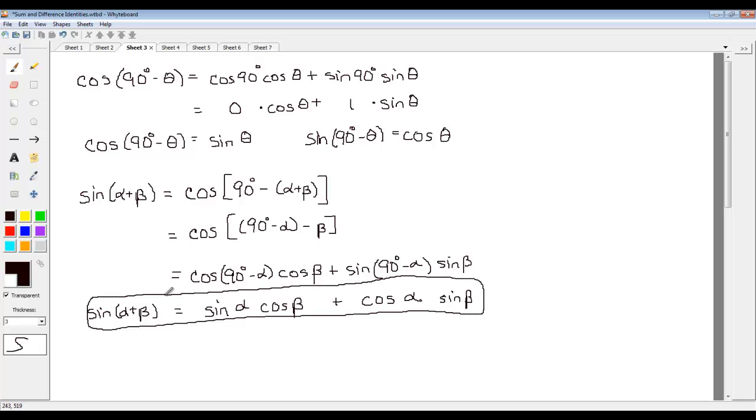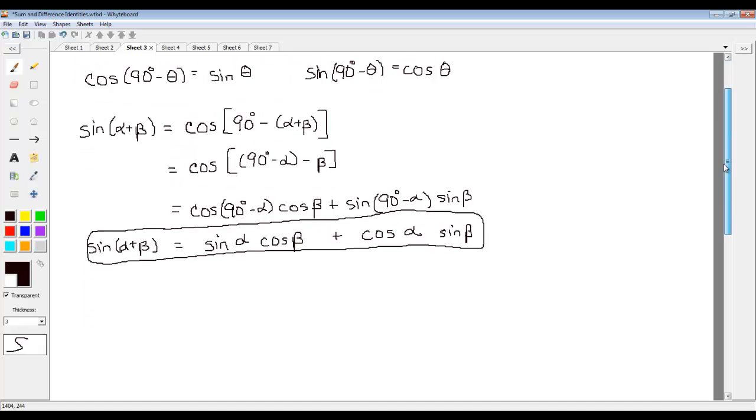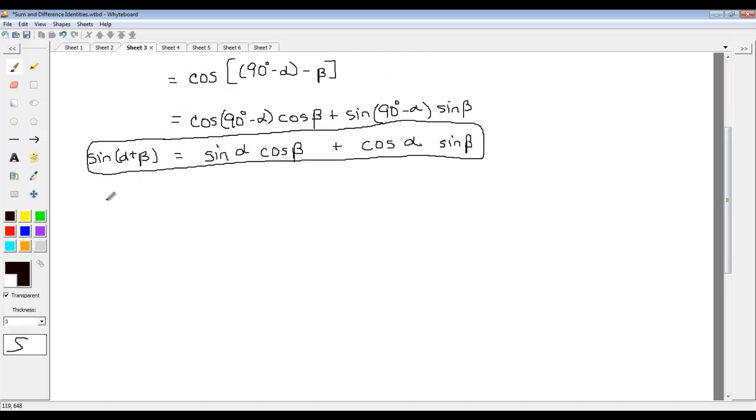Okay, let's box that one in. And then to get the sine of the difference, just like with cosine, we treat it like sine of alpha plus negative beta. So then you have sine alpha cosine negative beta plus cosine alpha sine of negative beta.